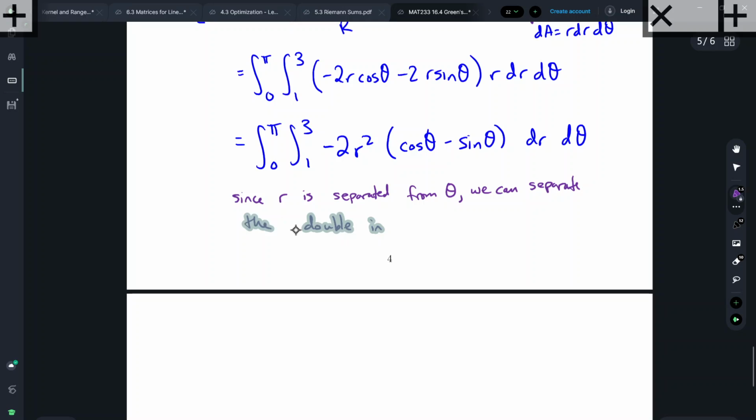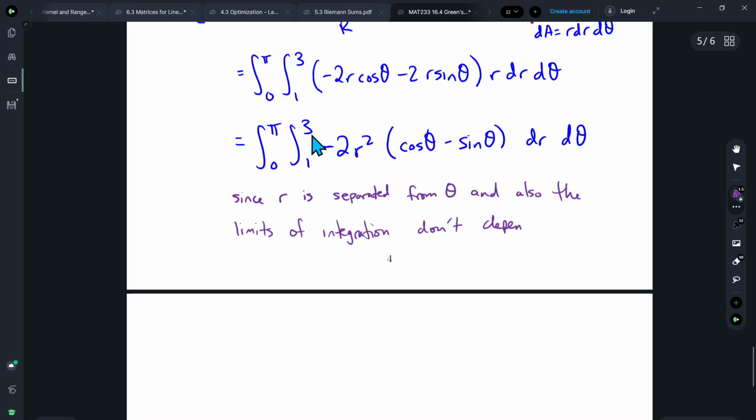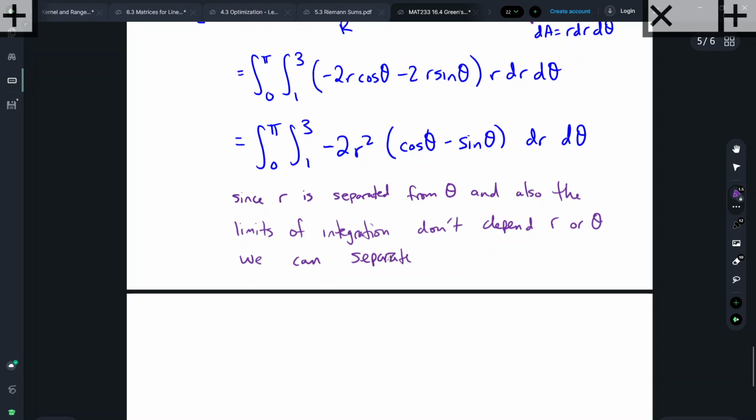Since r is separated from theta, and also the limits of integration don't depend, they're just constants, right? So everything here is a constant. Don't depend on r or theta. We can separate the double integral.